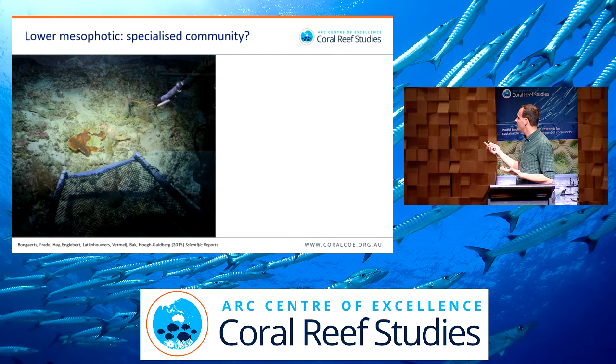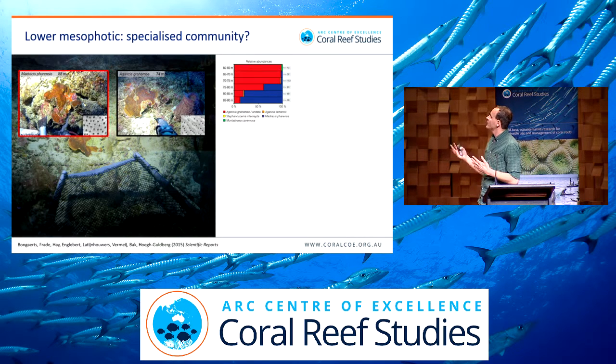And so we did these initial surveys using the submersible, and initially we saw that there were only two dominant species that make up this community, or so we thought. And so that's Madracis formosa and Agaricia grahamae. Agaricia grahamae is a depth specialist species, but Madracis formosa actually occurs in really quite high abundance on the shallow reef as well. So, I mean, are we talking about a specialist community here?